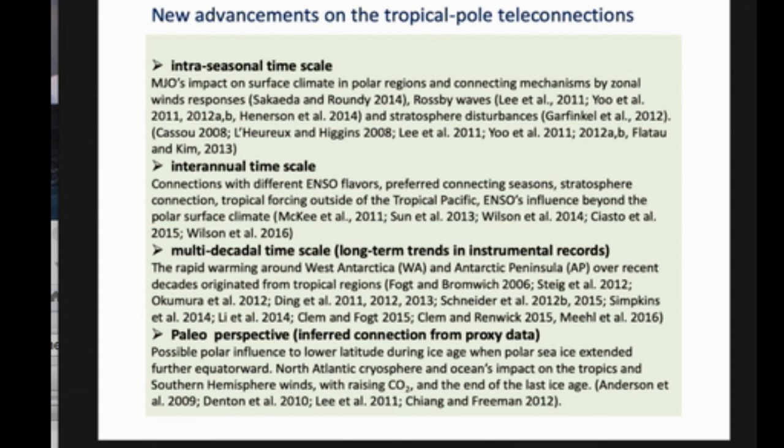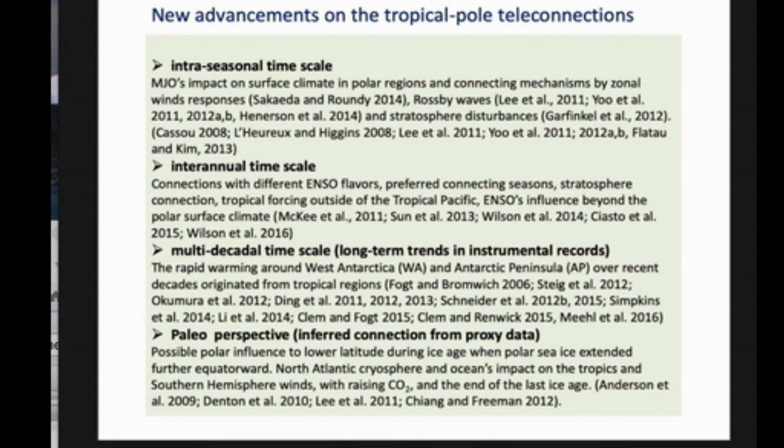Their connections are slightly different, because when they generate Rossby waves, if the source of the convection shifts in the tropics, your wave pattern is going to shift all across the hemisphere. So Eastern Pacific and Central Pacific land the anomalous pressure center in the high latitudes at different locations. I will show you some evidence.